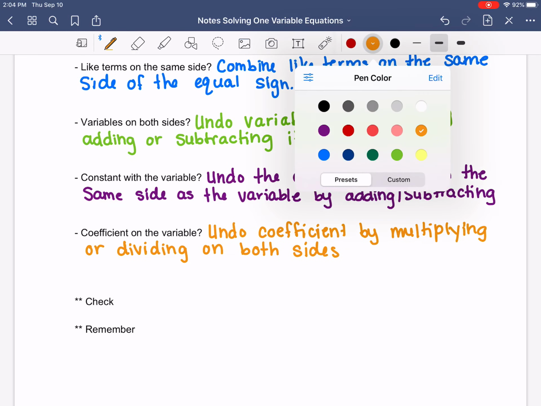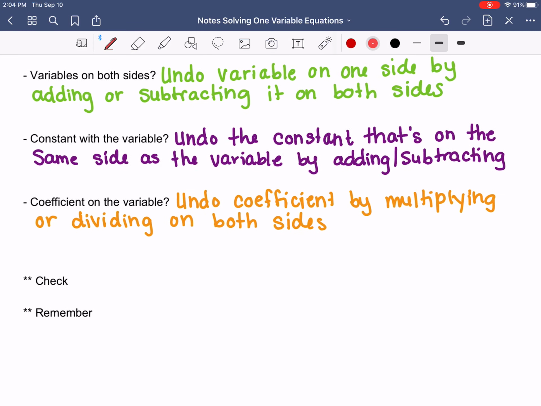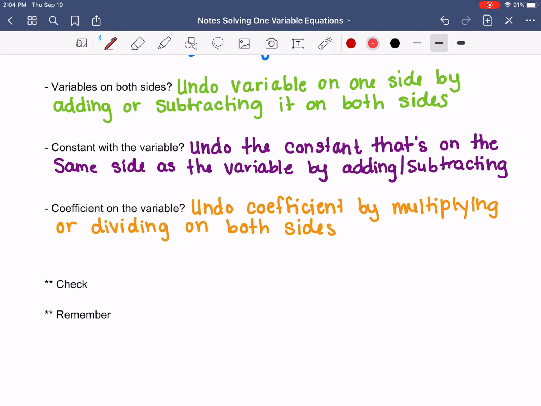At the bottom, I just have a couple of little starred pieces of information for you. You should always check your answer, or check your solution. I understand you might not always do this every single time, but maybe it's important on a test or a quiz. You want to check your solution to make sure that it works. To do that, you just plug it back in.